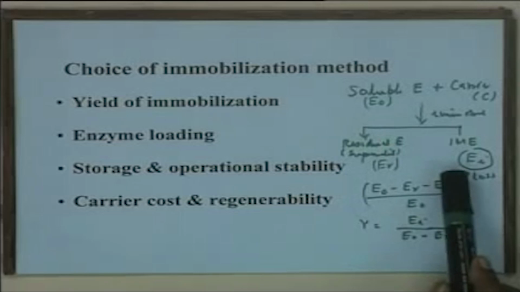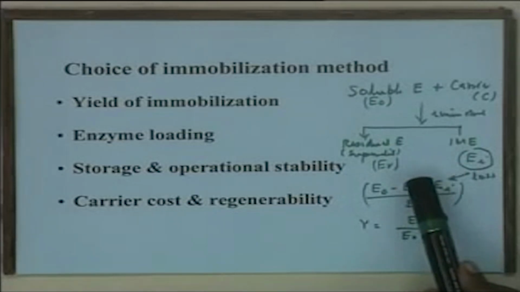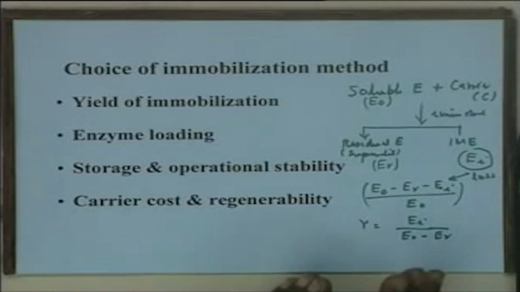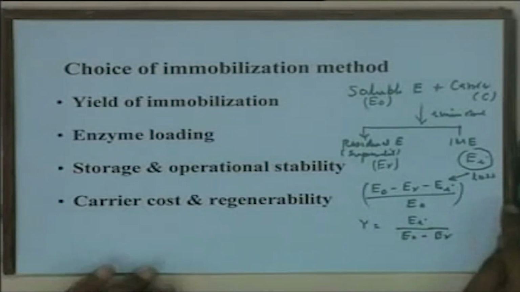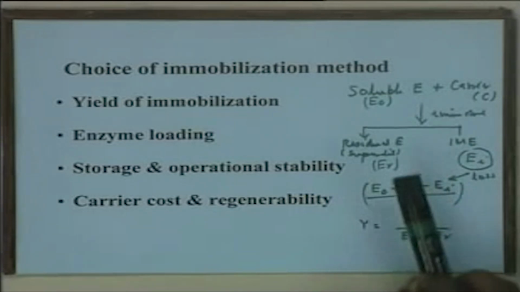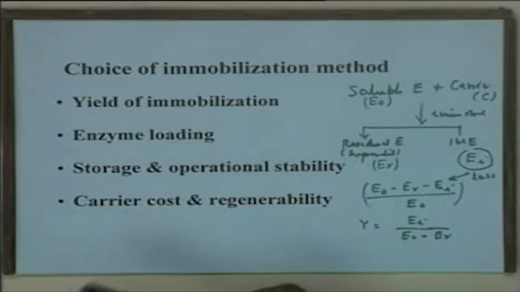I am measuring E0, ER and EI in terms of catalytic activity. So it is functional, and that is why, if it were a physical quantity like protein concentration, the balance would be perfect. You cannot account for any loss of protein in the system. It is only the loss of activity because of the conformational changes.